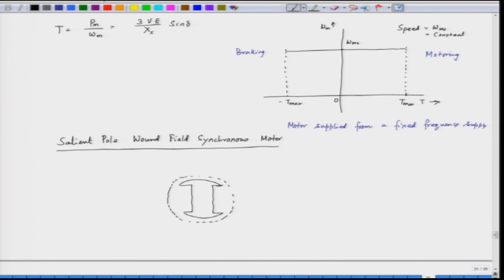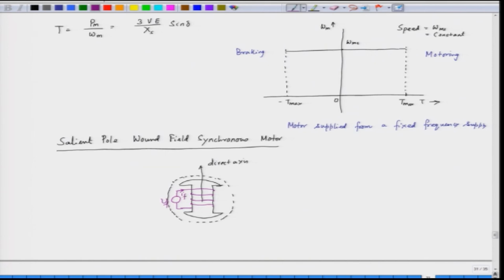This is called the direct axis. The windings are placed in the rotor like this, and the DC voltage Vf is applied through a slip ring, and the current which flows in the field winding is If.